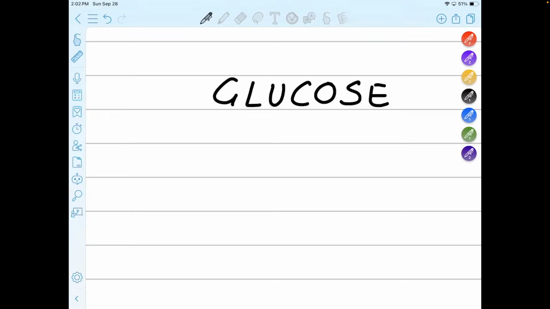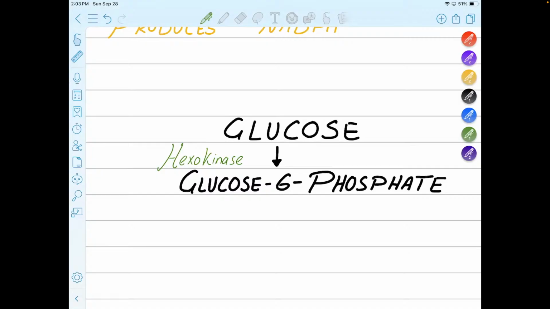So how do you go about it? If you remember, there are many pathways a molecule of glucose can go through, right? This glucose can first of all turn into glucose 6 phosphate. You have your glucokinase.